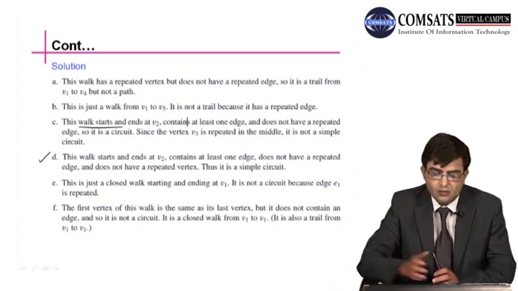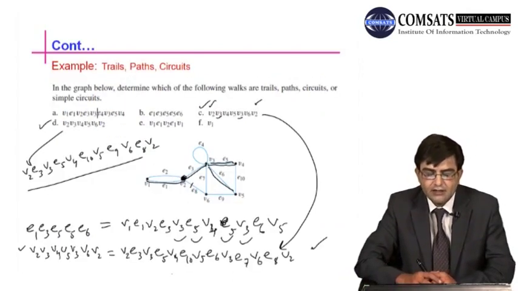So next is the E part: V1, E1, V2, E1, V1. What is this? It starts and ends at V1. Edge E1 is repeating, and V1 in the first and last point is the same.